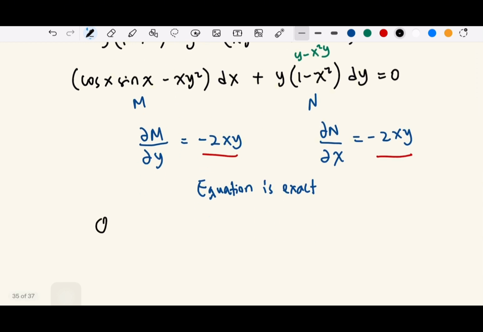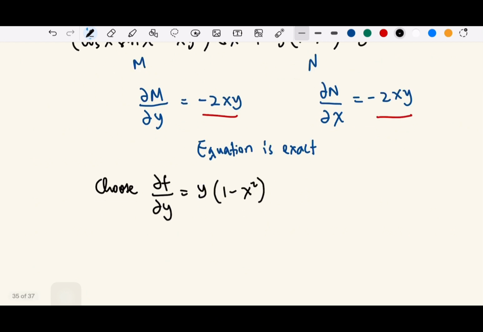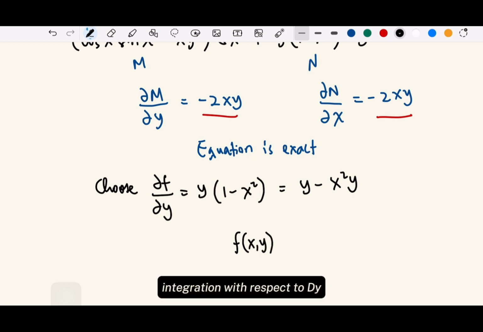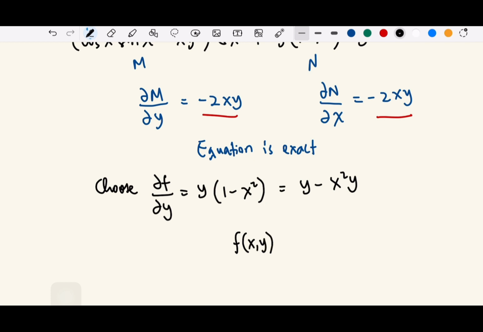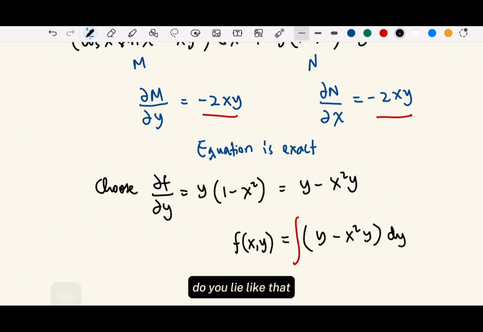So we choose the n. And then we take the integration with respect to dy. So let me write first dy like that.